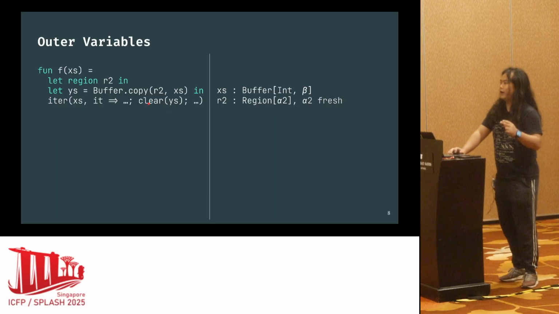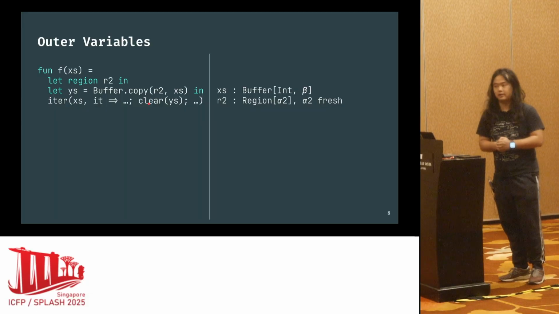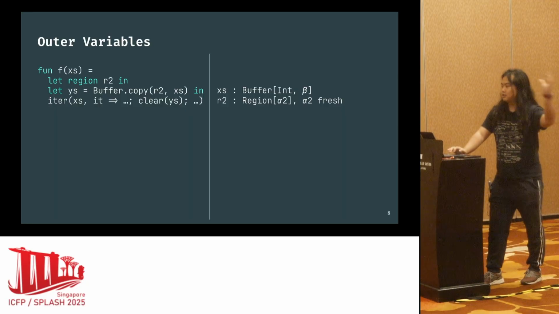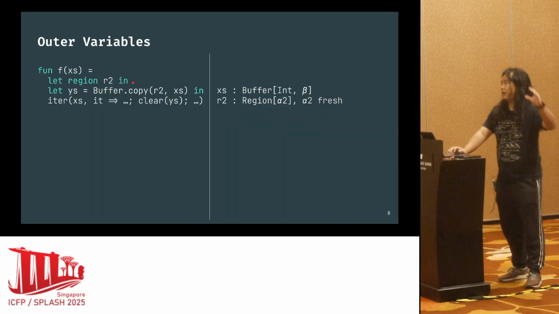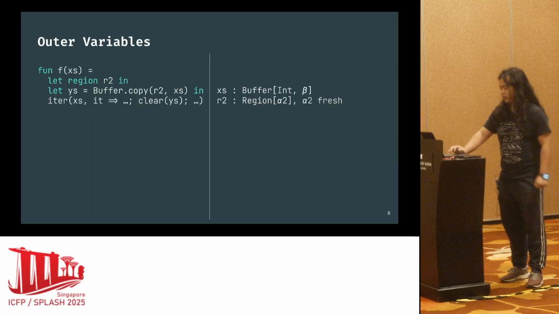So now xs is an argument buffer. The question is how to type check this function definition, because now we don't know what outer regions are, and we cannot have the evidence like what we did previously. And this function f must be available to use in arbitrary environments with arbitrary outer unknown regions.